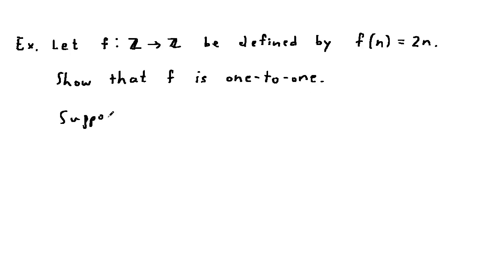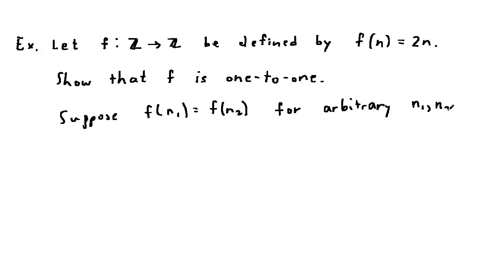Suppose f of n1 equals f of n2 for arbitrary n1 and n2 in Z. By definition of f, we get 2n1 equals 2n2.